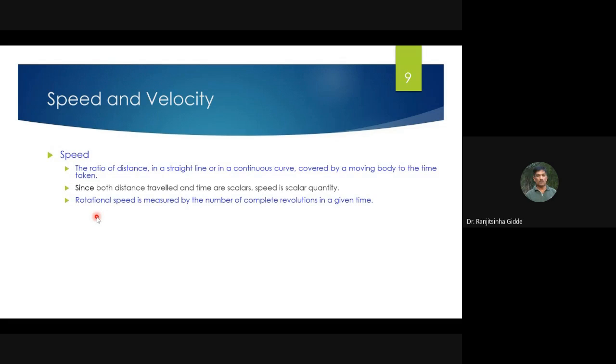Here you can write, rotational speed is measured, this is one of the examples, by number of complete revolutions in a given time. Revolution per minute, revolution per second.